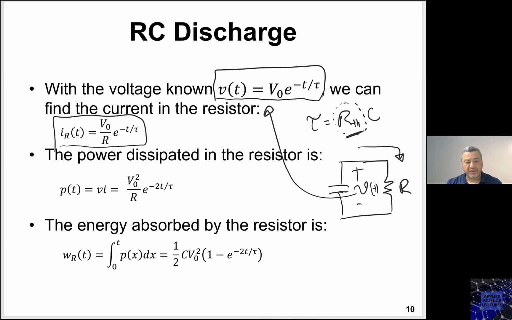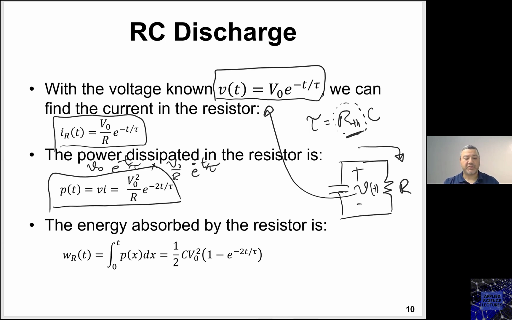What about the power dissipation? The power dissipation is V times I, which is V naught e to the minus t over tau times V naught over R e to the minus t over tau. And that's V naught squared divided by R e to the power minus 2t over tau.